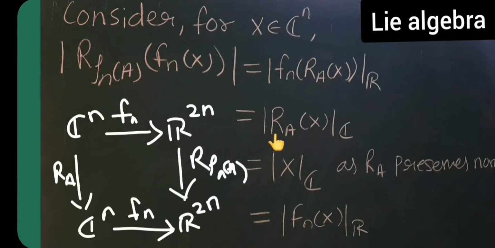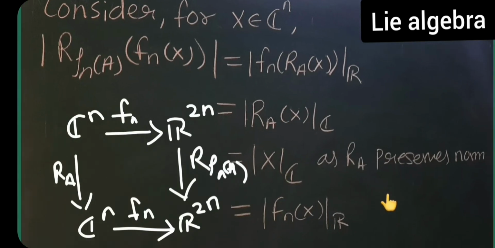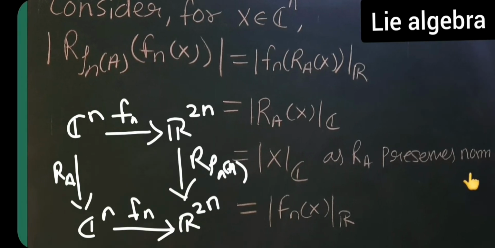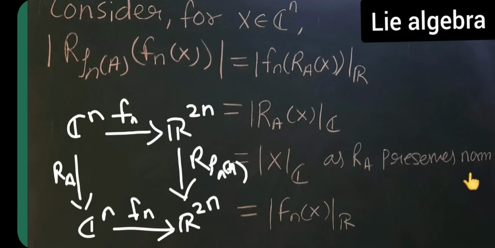So now this is equal to what? Here R was there, now I have to make it in the complex form, right? So this is equal to RA of x. See, now this is complex. Now RA of x is nothing but the norm of x, as RA preserves the norm. I hope you all can see it clearly.